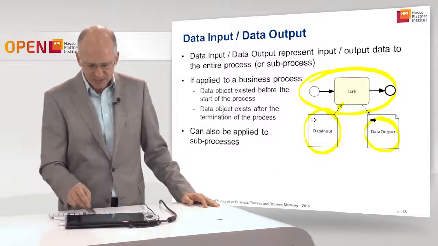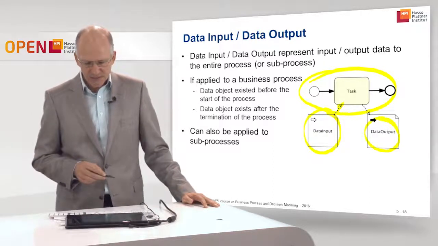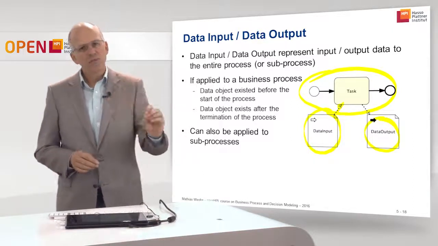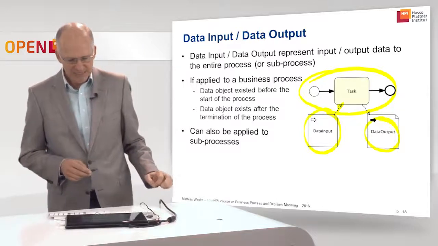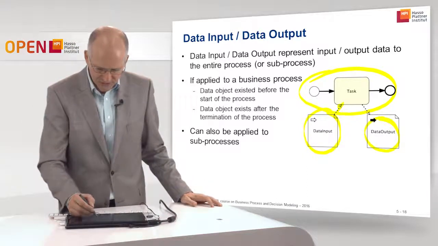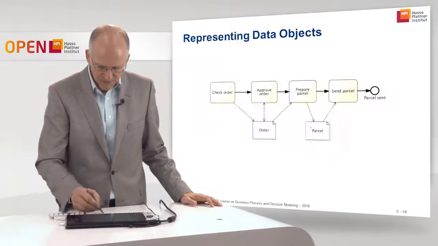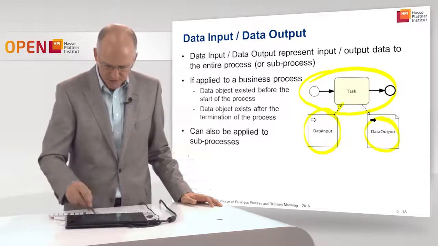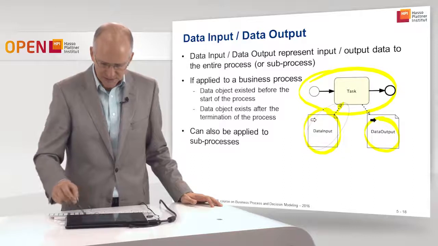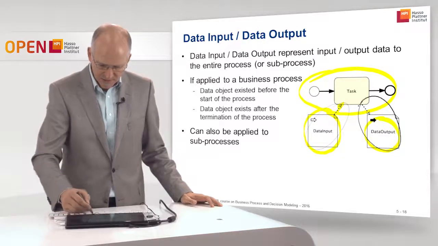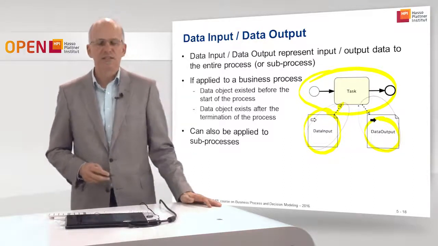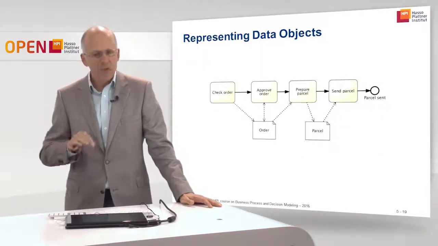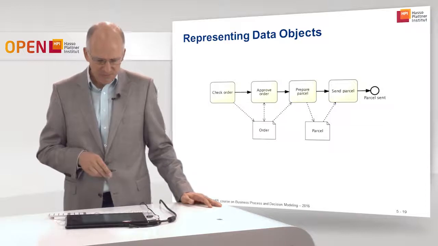The direction represented by the edge shows the flow of information. So the task, in this case, reads the data object, and in this case, the task writes the data object. So reading and writing is represented by the orientation of the arrow.